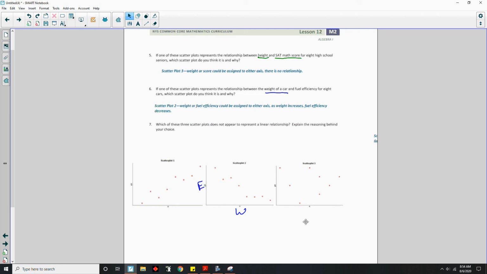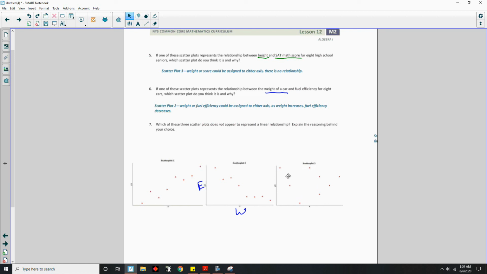look at scatter plot 3 and say that there is no correlation between weight and fuel efficiency, simply because there are other factors involved in fuel efficiency. The aerodynamics of the vehicle, the fuel distribution system. Is there a carburetor in it from the old vehicles, or is it fuel injected?